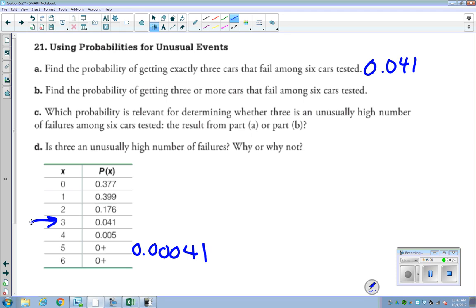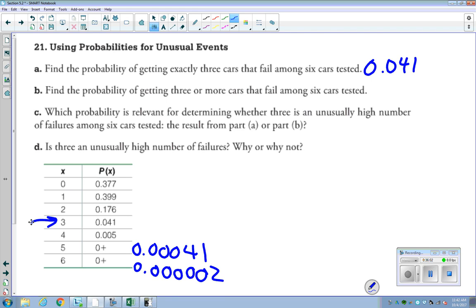When I round that, it's going to be 0, isn't it? But there's really a little something there. So that's what that 0 plus means. And down here, this one really is so close to 0. We know there might be a little teeny tiny bit out there, but when I round it, it's still going to be 0. That's what that 0 plus means.